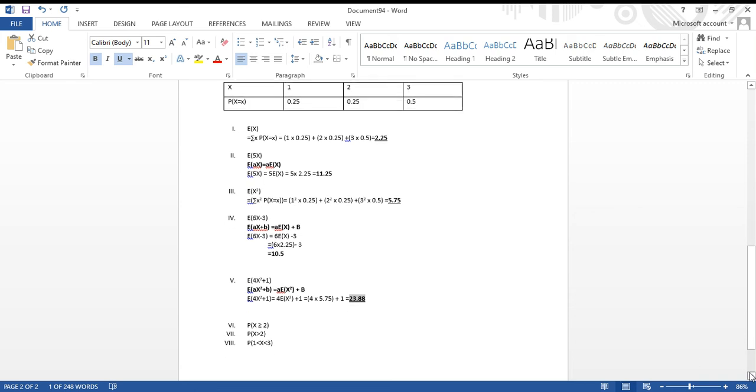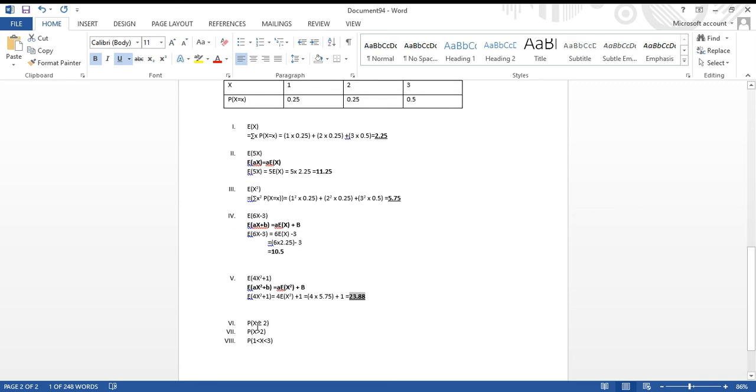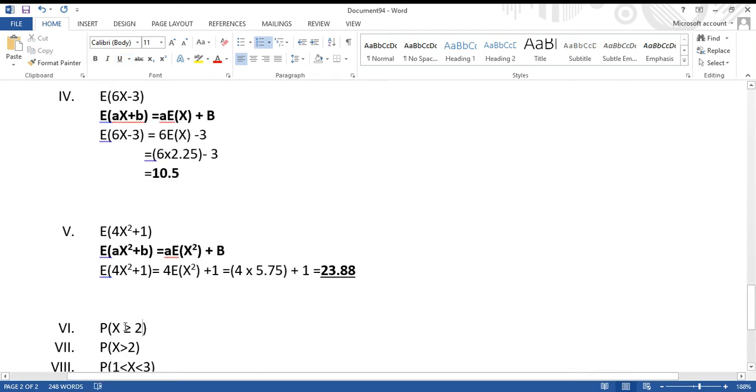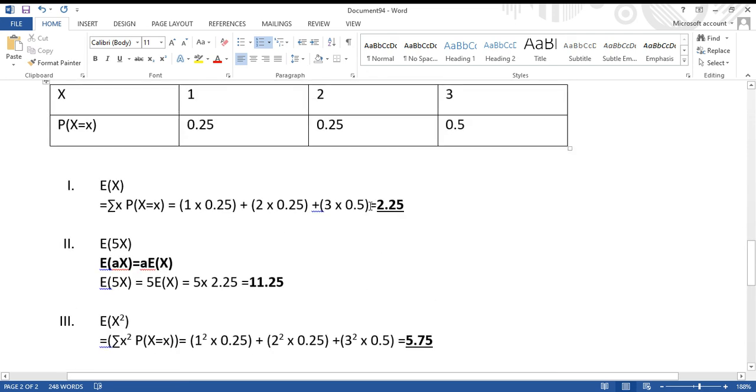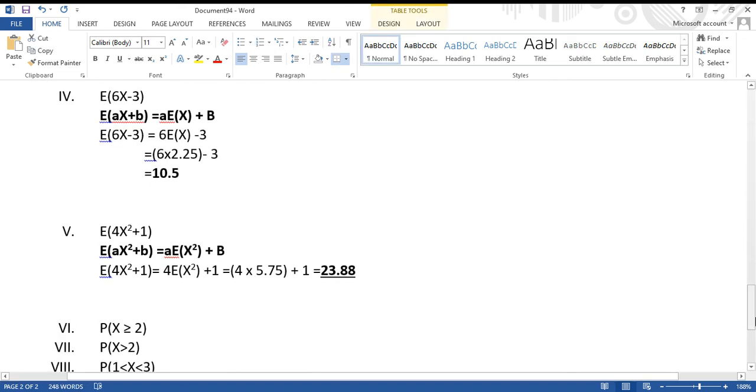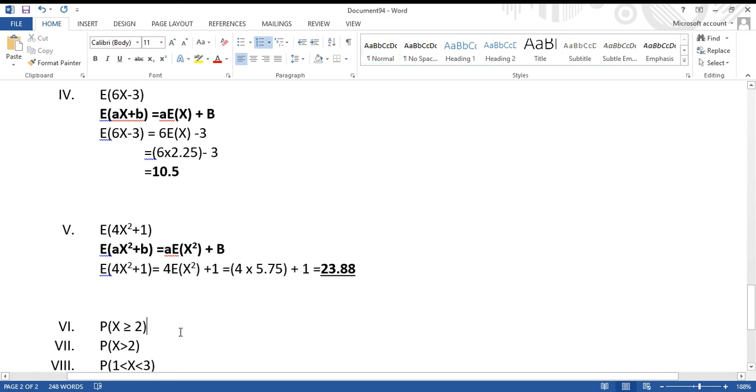All right, now the next question, we have to find the probability of our random variable being greater than or equal to 2. That means we include the probability of 2 and the probability of 3.